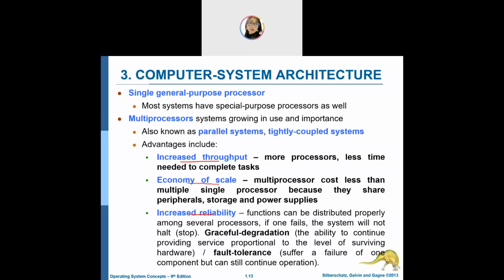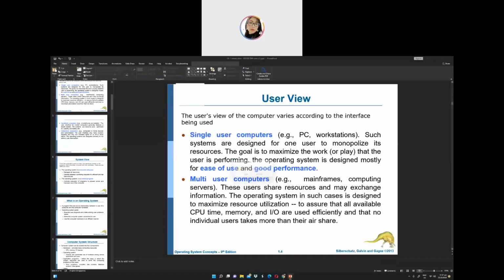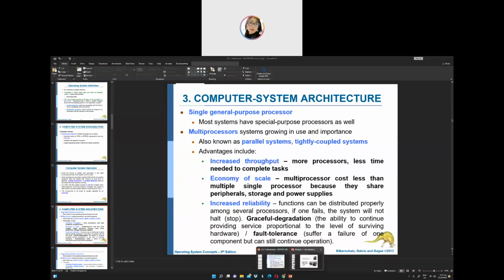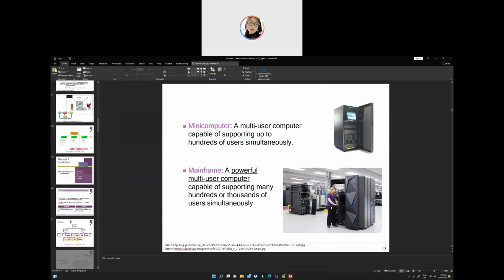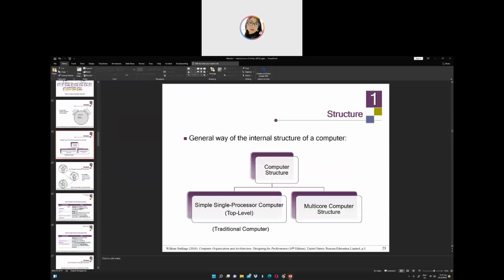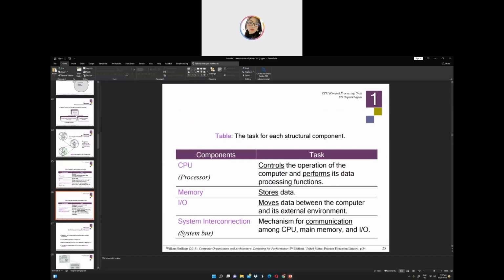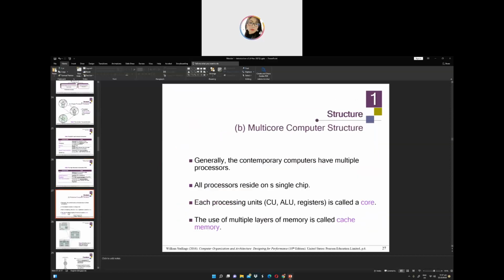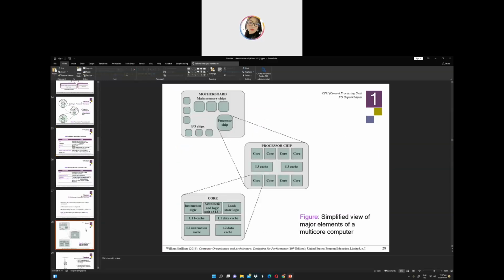Last time in your COA, when you looked at the single processor, you knew that it is the old method of computing. You can see multi-core and also single.